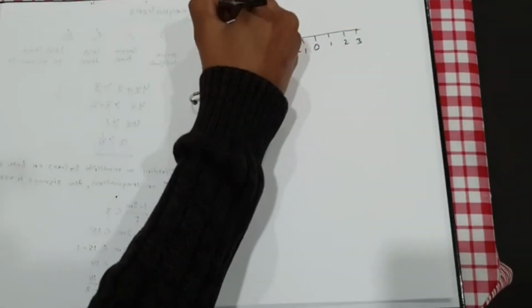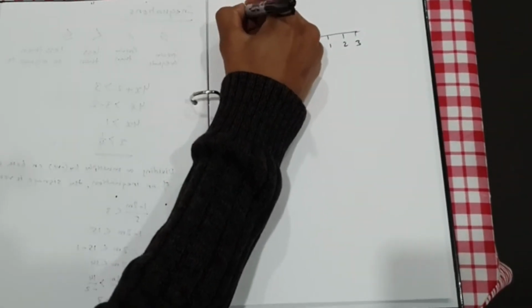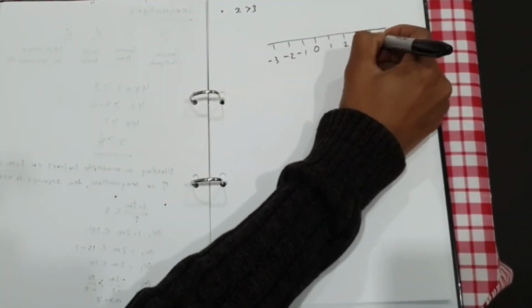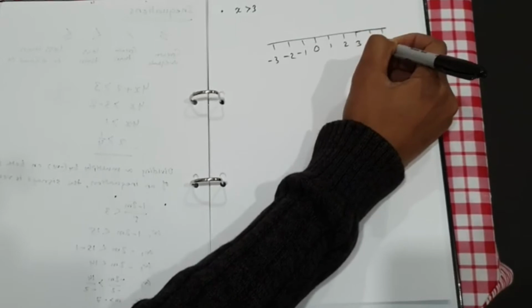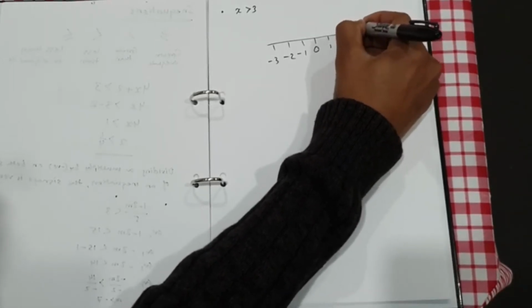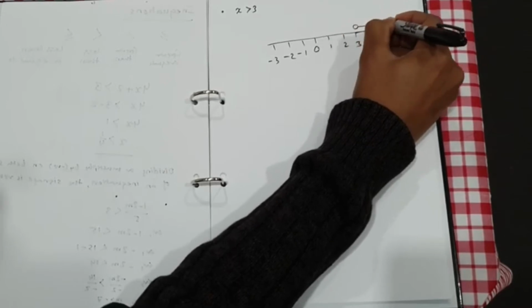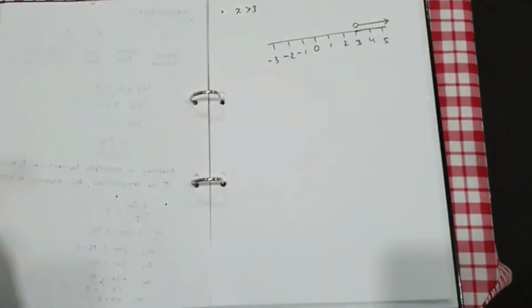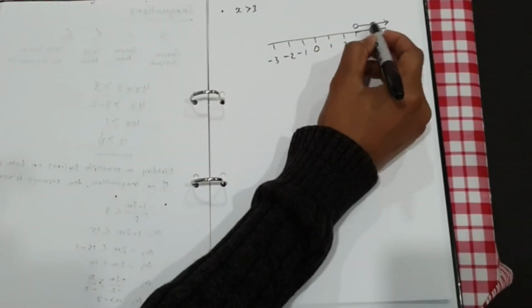Right? Now suppose you have to represent x is greater than 3 on a number line. Right? So this is a number line. So when we say x is greater than 3, we start from 3 and all numbers greater than, and this is how we represent. We keep this box empty because this is greater than 3 and not greater than or equal to.